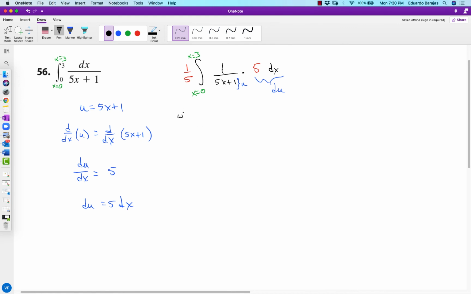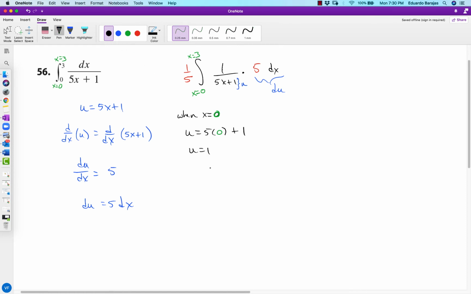So when x equals 0, then we let u equal 5 times blank plus 1. When x equals 0, put a 0 there. And so u becomes 1.